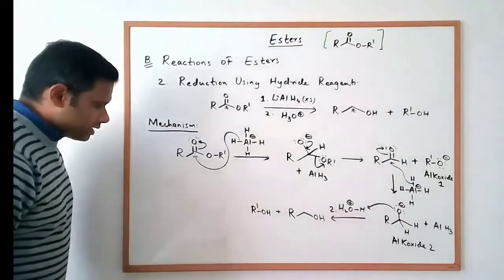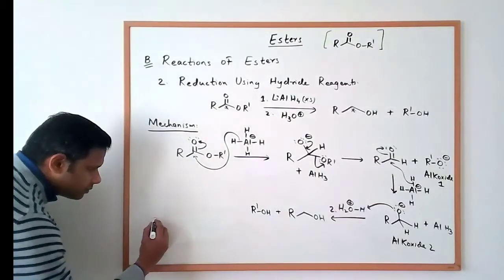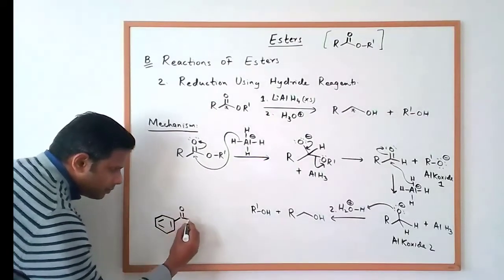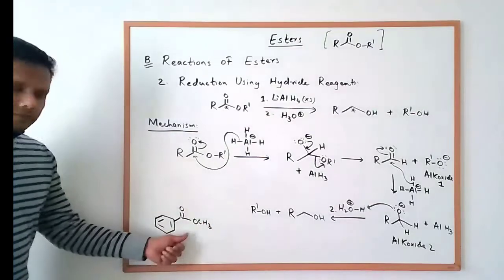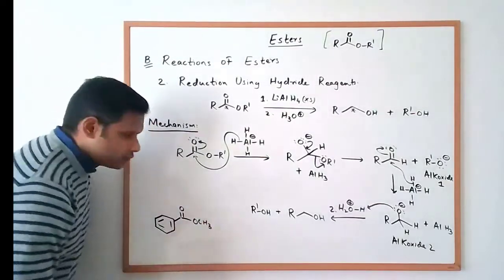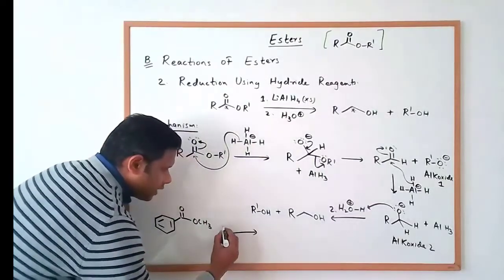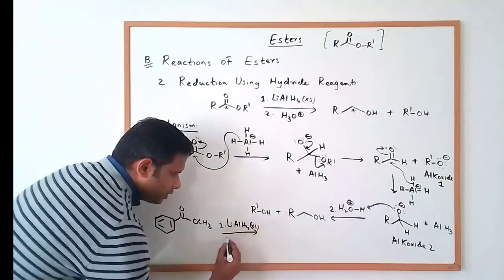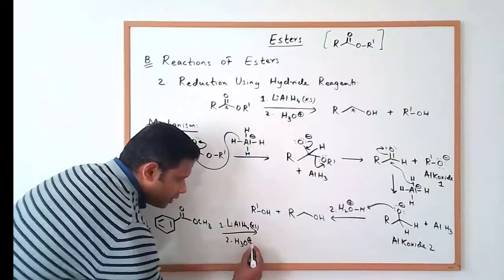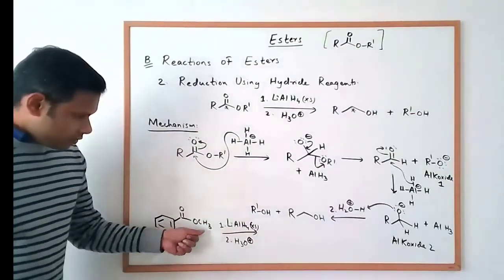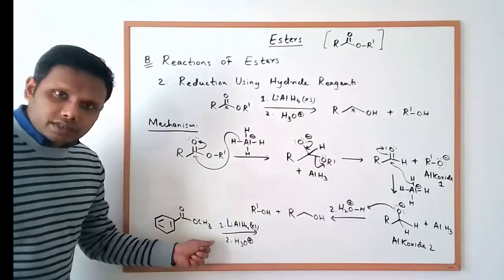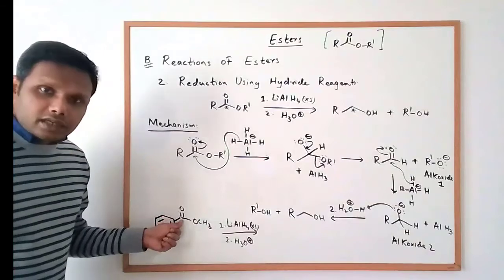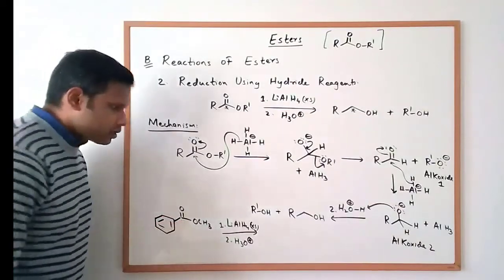Let's look at a quick example here. Let's say we have an ester like that, methyl benzoate. If we reduce it with excess lithium aluminum hydride, followed by an acidic workup, we will get 1 alcohol from the alkoxy group in the ester, and another alcohol that corresponds to the acyl carbon.